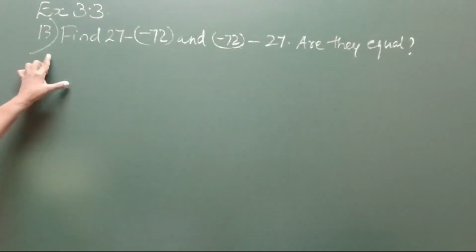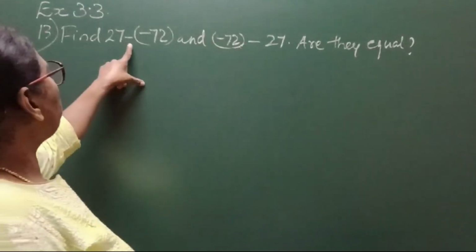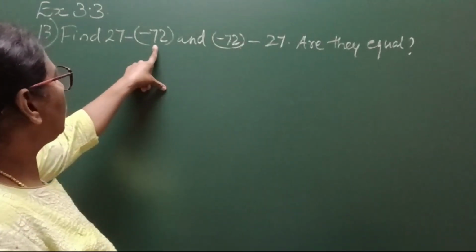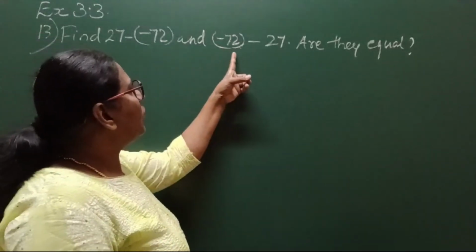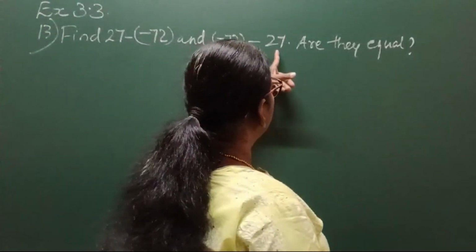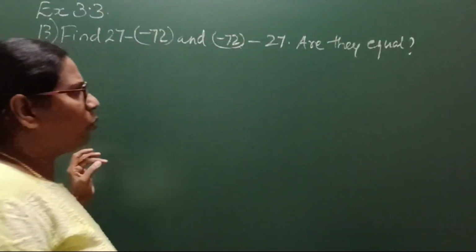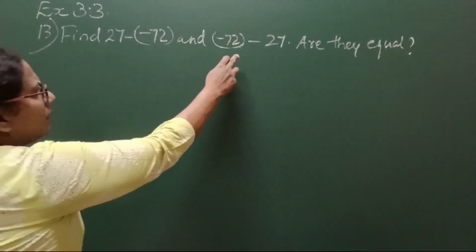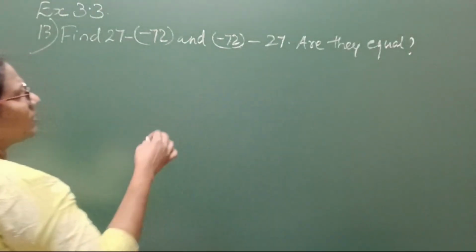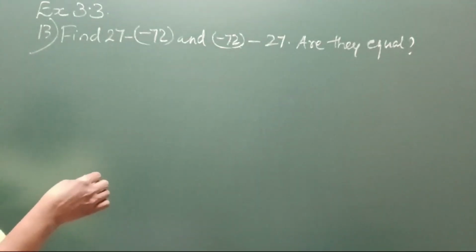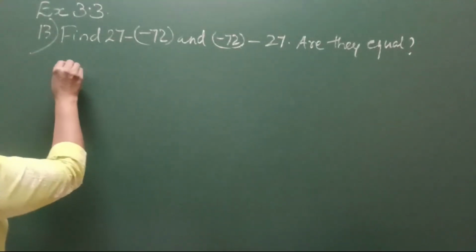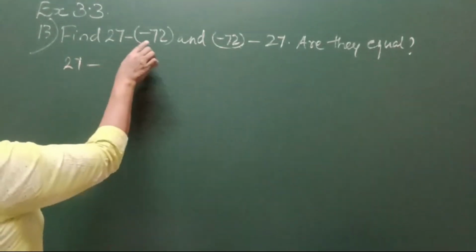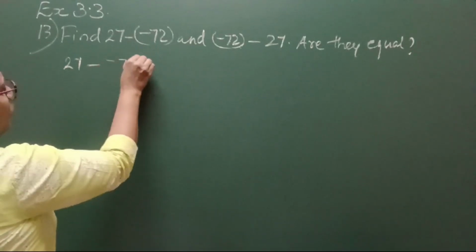Question number 13. Find 27 minus 72 and minus 72 minus 27. Are they equal? First we have to solve this and then this. Then we'll see whether they are equal or not. 27 minus 72.